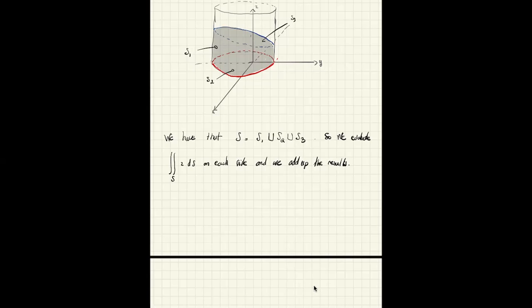Like now, we go on S1. So you forget about the others, and you just do it on S1. Now you just have to do what we did in the examples before, except that you have to parameterize this one. So what is this one? This one is a cylinder, right? So go back to the example while I introduce the cylinder.